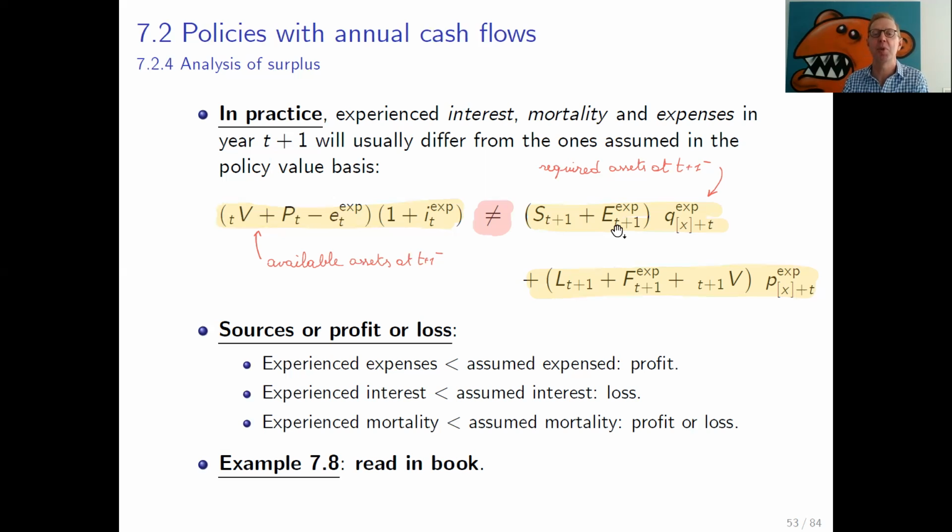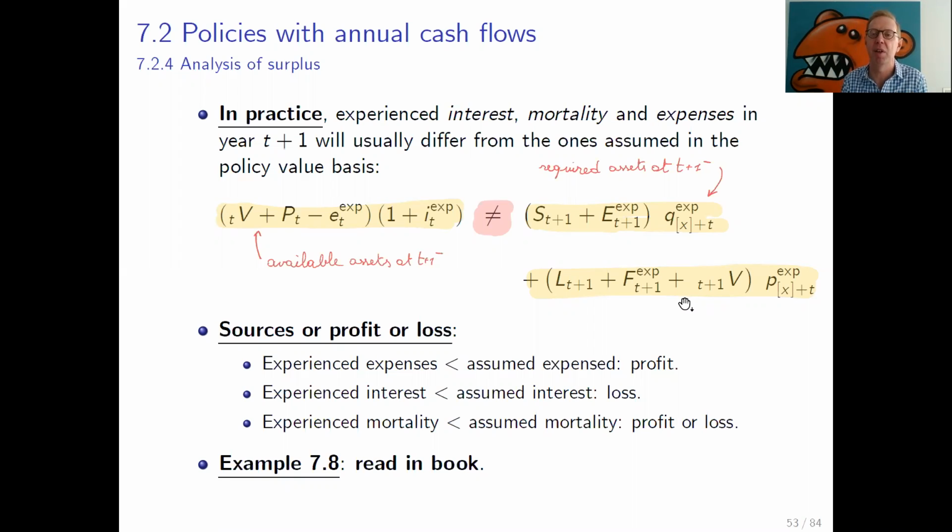But if the experienced mortality is smaller, that means that survival is larger, so the experienced survival probability is larger, and we will need more of this for the survivors. So if experienced mortality is smaller than assumed mortality, this part is a gain because we need less death benefits, but this part is a loss because we need more for the survivors.